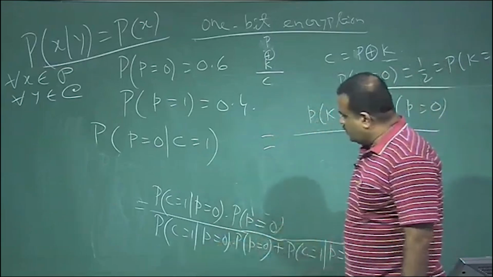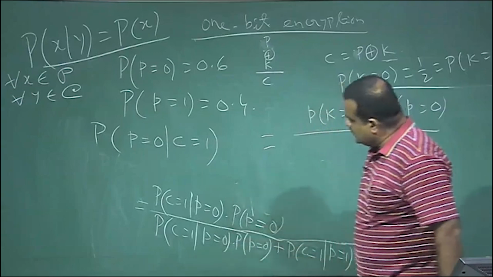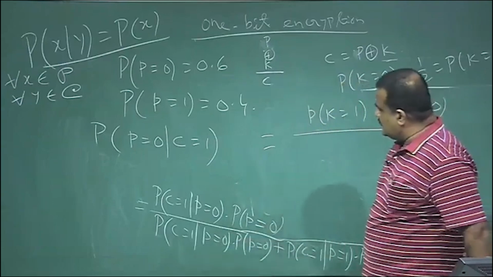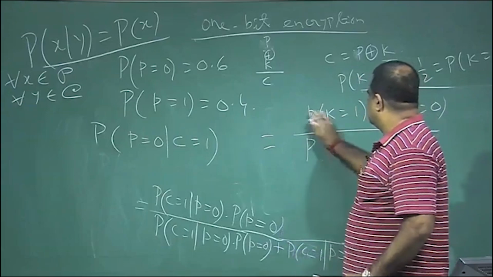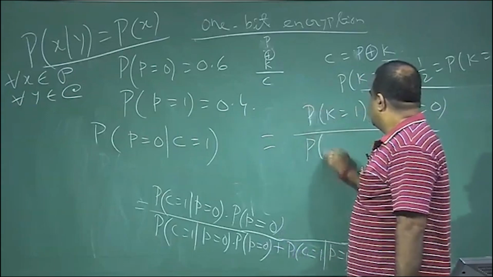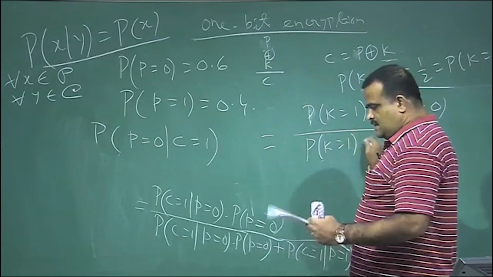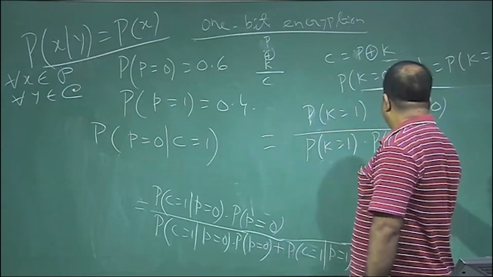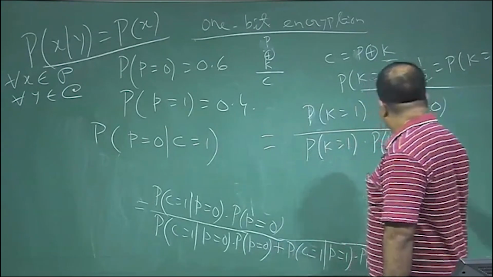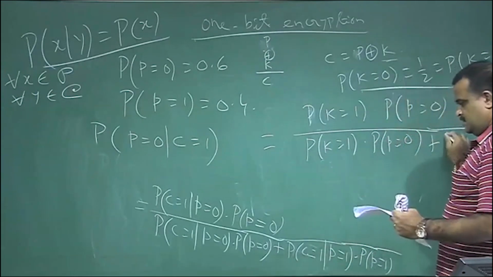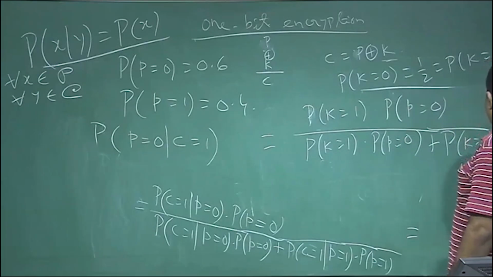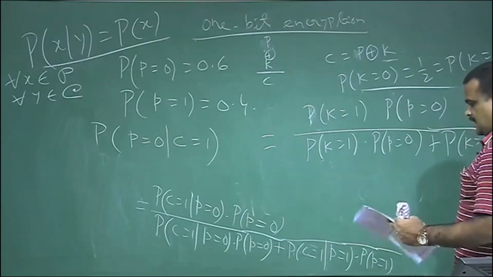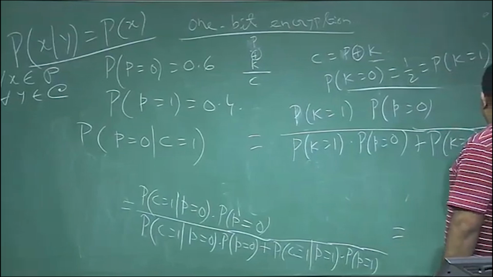Now, the probability that P is equal to 0 and C is equal to 1 is the same as the probability of K is equal to 1 into the probability that P is equal to 0, plus the probability of K is equal to 0 into the probability of P is equal to 1.